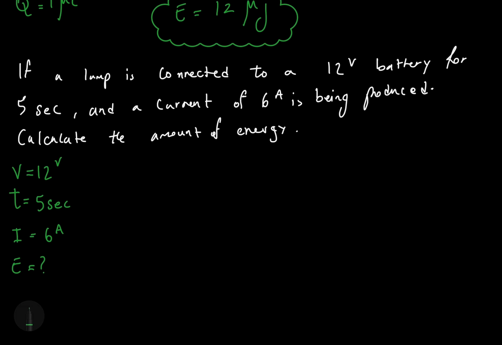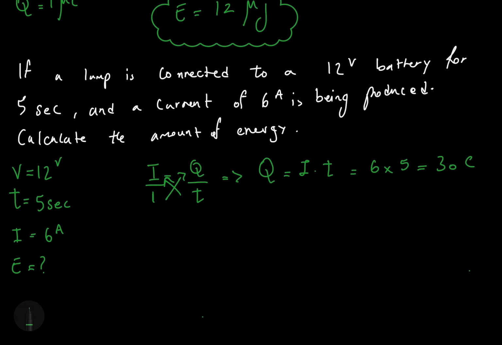In order to calculate the charge, we use the equation I is equal to Q over T. So we can find Q by multiplying the current and time. We can rearrange this and write Q is equal to I times T. So multiply the current, which is 6, by the time, which is 5. 6 times 5 is 30 coulombs.